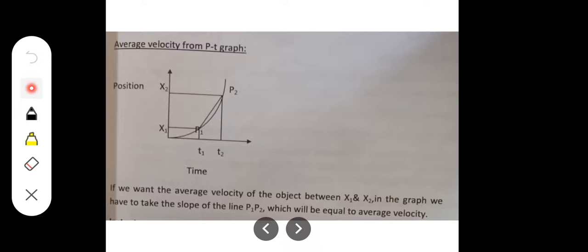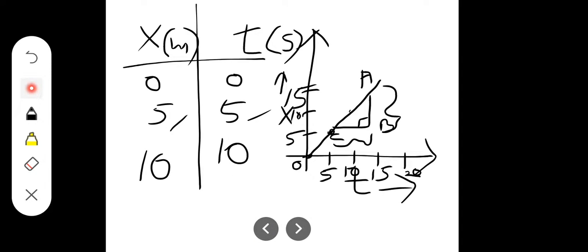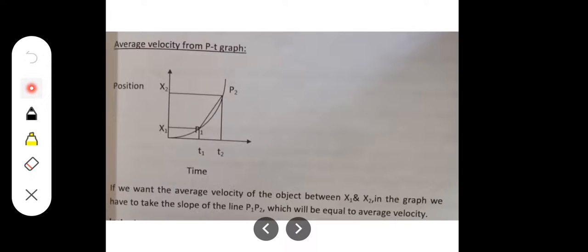Okay, see, I have given one example here, that is I have taken a simple example, right? This line is a straight line, but in this given picture the graph is not a straight line, it is a curve. That is why some difference is there.